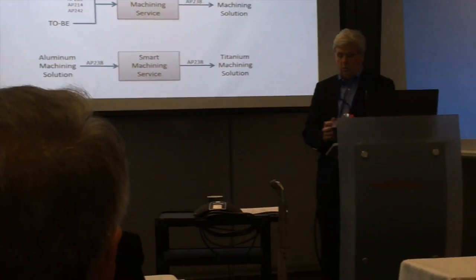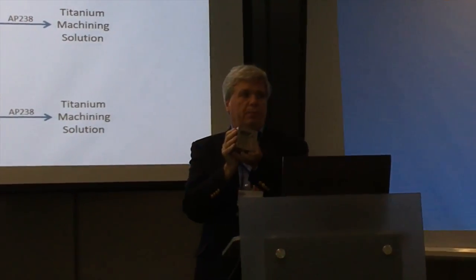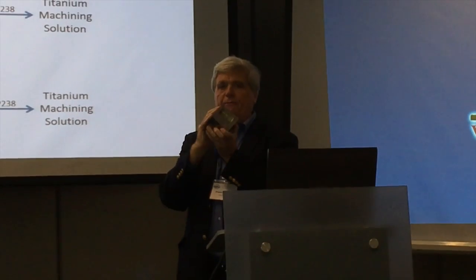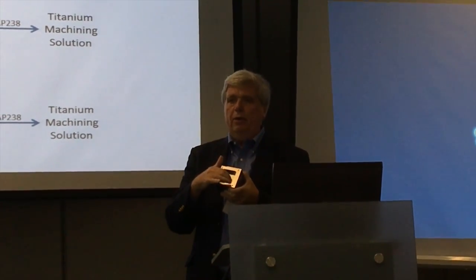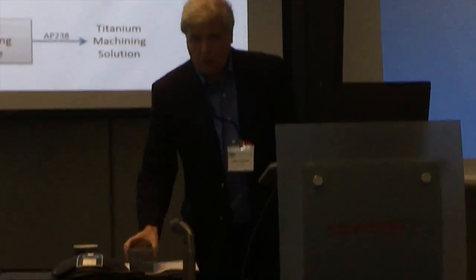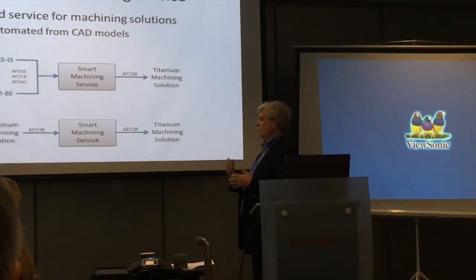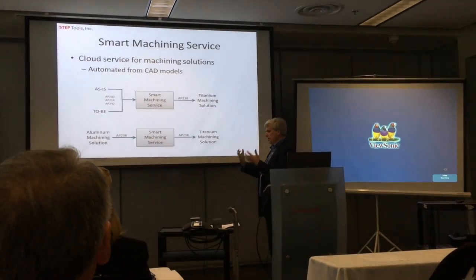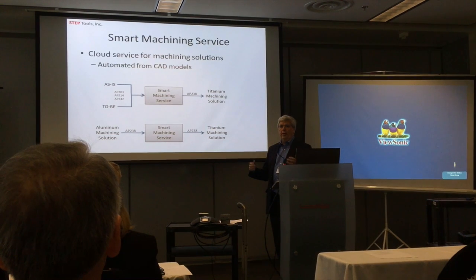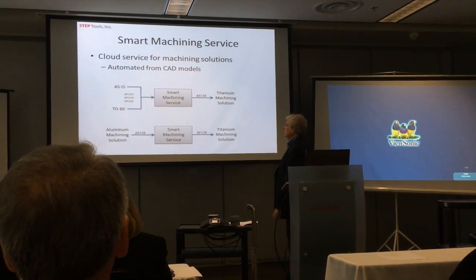Instead, we say, this is the as-is model, and this is the to-be model with a pocket in it. Go ahead and figure out the best way to get me that pocket machined. By having two stage models, we make the whole process more tractable, because we're not relying on extremely clever feature recognition software. We're relying on the kind of feature recognition software that is available today.